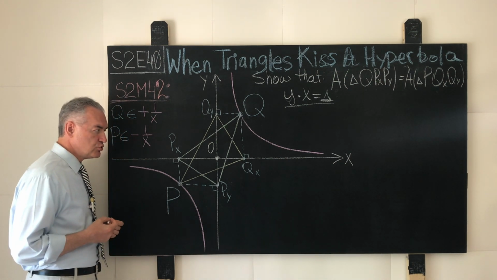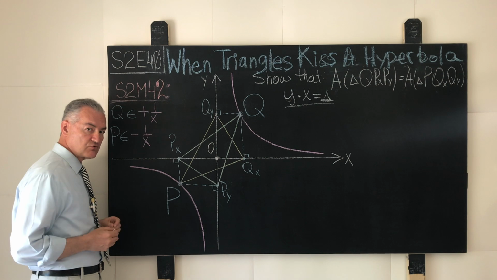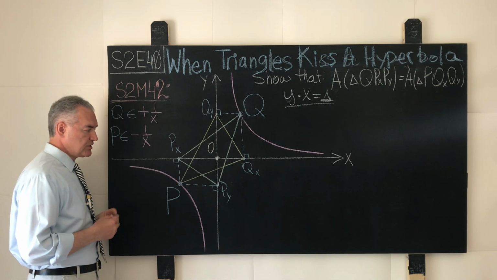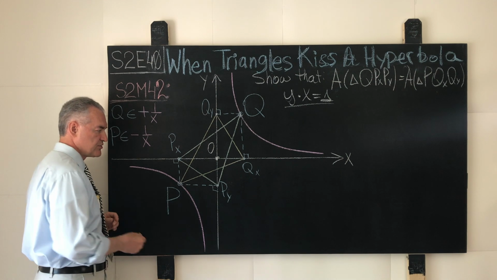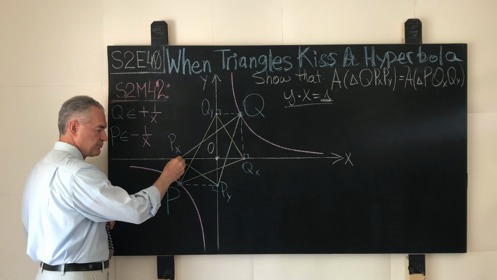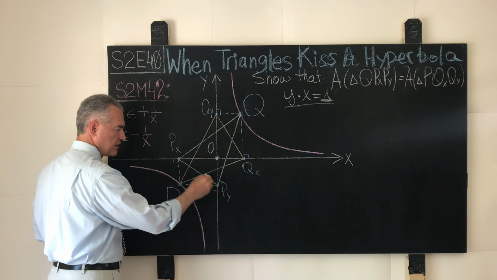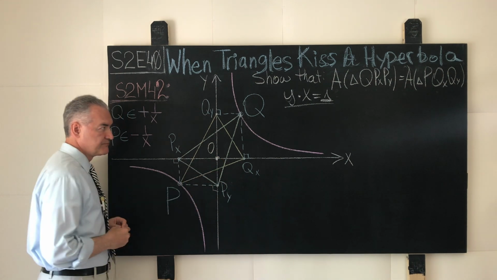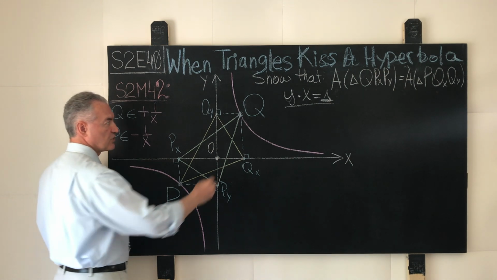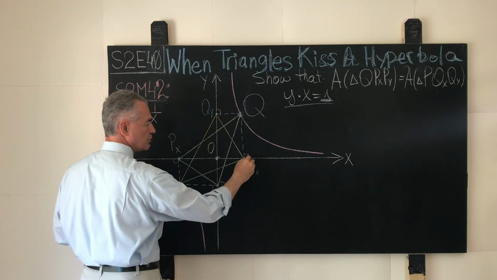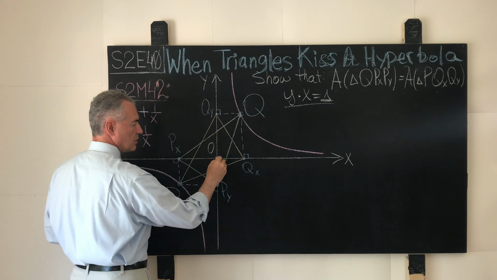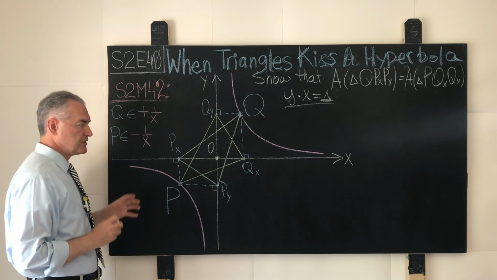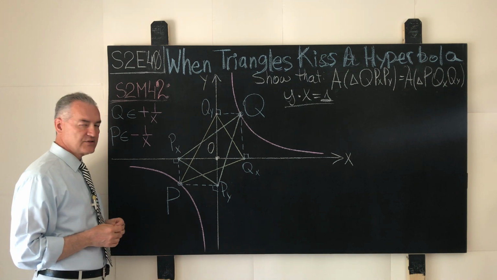Hint number 2: among several right triangles hiding in plain sight here, we suggest that you look, for example, at the right triangles PX, P, PY and PX, O, PY, or likewise the right triangle QY, Q, QX, or QY, O, QX.